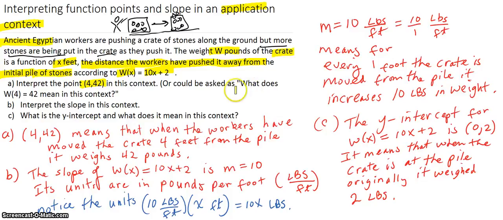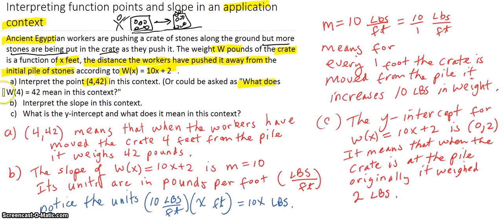Or they could say, what does W of 4 equals 42 mean in this context? So (4, 42) means that when the workers have moved the crate 4 feet away from the pile, it now weighs 42 pounds because stones were being put into it as they were moving it.